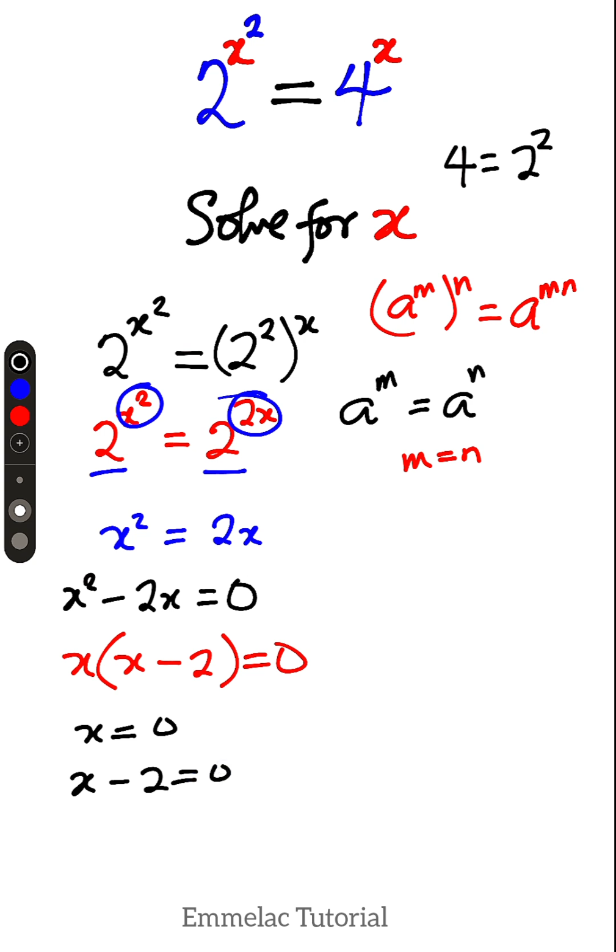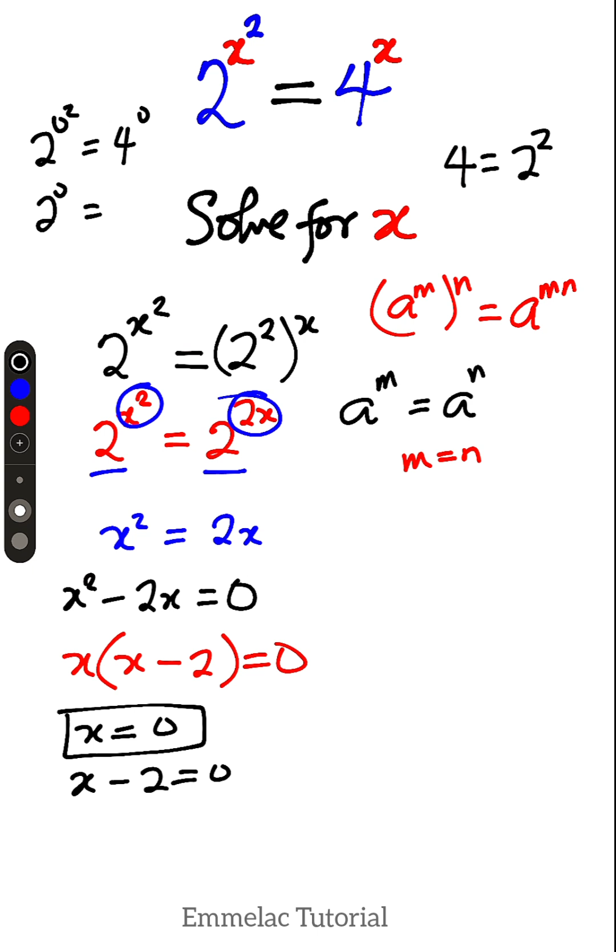So the first solution here is x equals 0. If you plug in x equals 0 in this equation, you see that for the left hand side you have 2 raised to 0, all raised to 2, equals 4 raised to 0. Then 2 raised to 0 is 1, and 1 raised to 2 is 1.